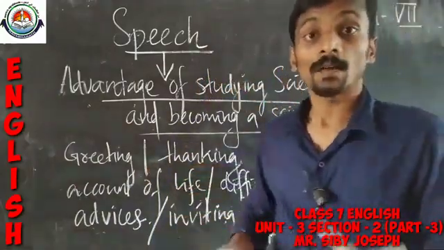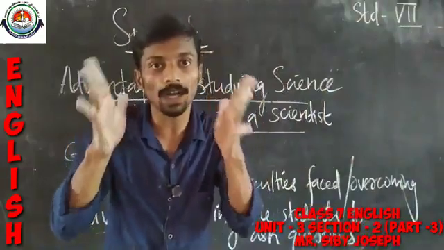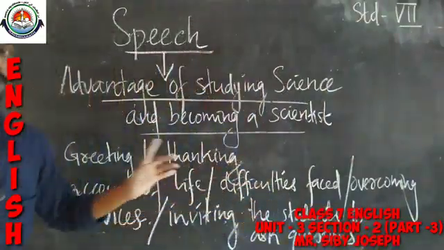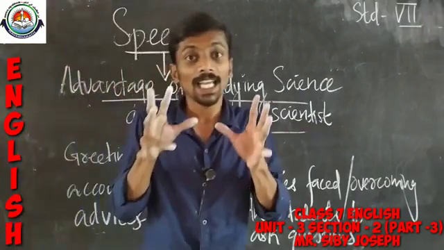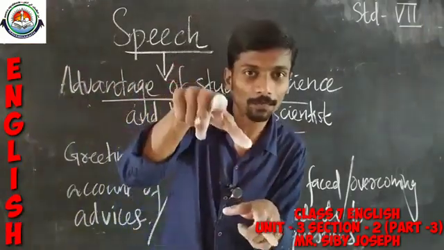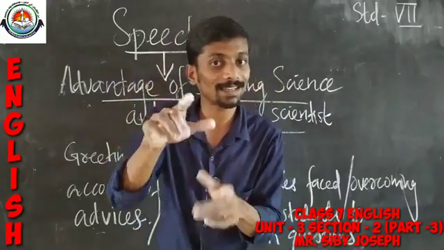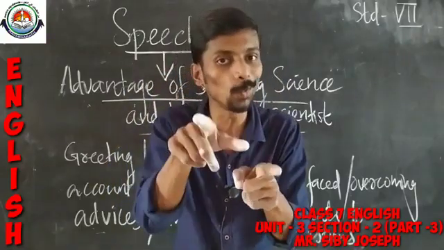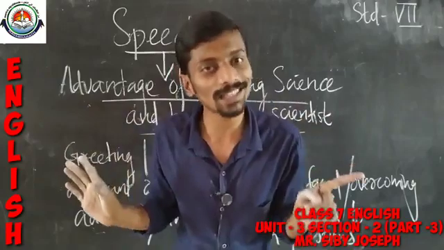Okay. So, in that way, you have to start your speech. And after that, what are the things you have to focus on? An account of life. That means you have to give a brief account of your life. Now you are not you, but you are Miss Anuradha TK.